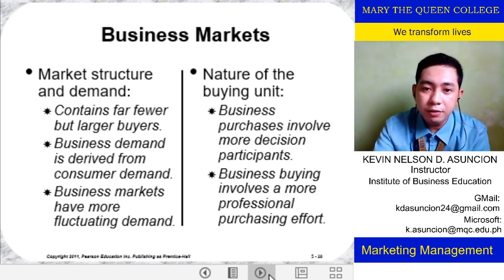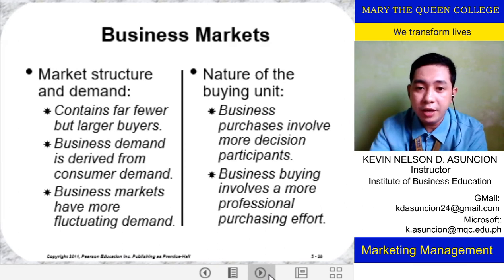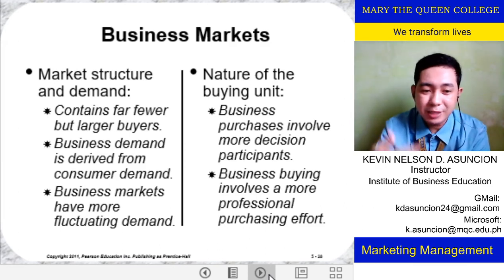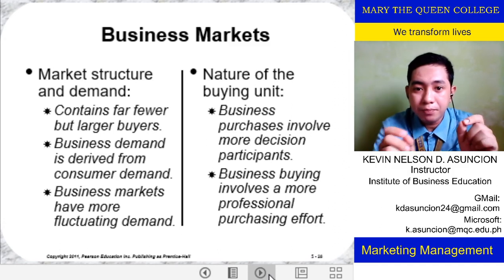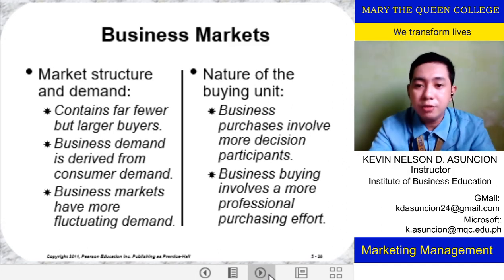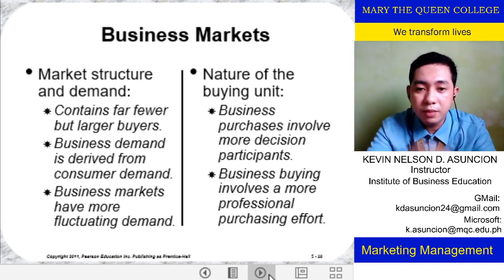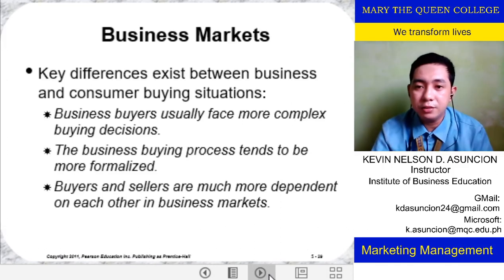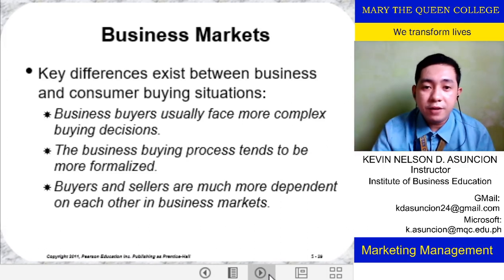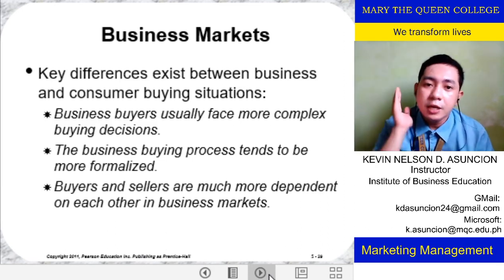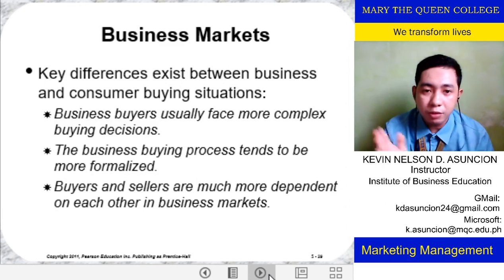Business buying involves a more professional purchasing effort, no? Of course mas maraming activities, or mas specific pala, no? Mas professional yung mga activities that you may imply, no, dito sa business markets. Key differences exist between business and consumer buying situation: business buyers usually face more complex buying decisions.